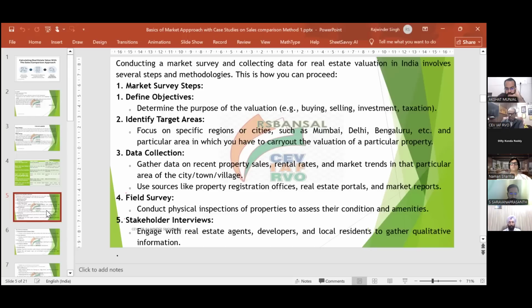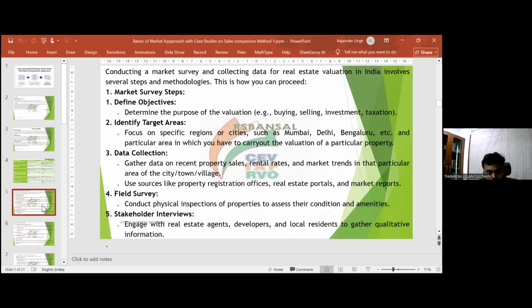If you are doing valuation in Greater Kailash, it means you will be doing the survey in the area nearby Greater Kailash, or in the nearby areas. Means in the particular area in which the property you are doing valuation of is situated. And then you collect the data.